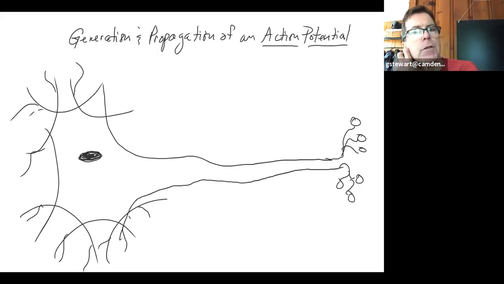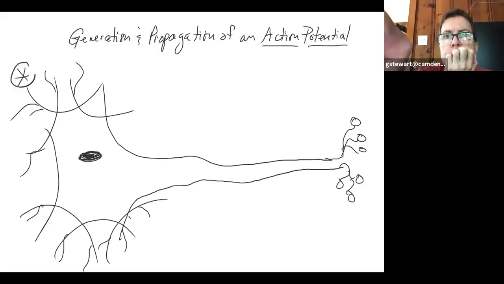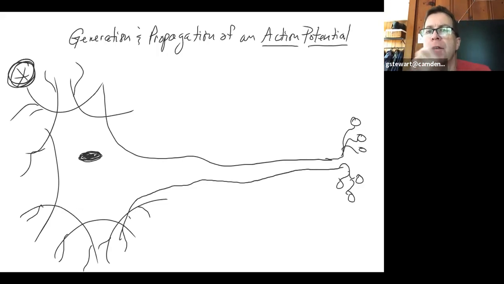All right, so this is the receiving end of the cell down here. When this nerve cell is just sitting there, when it's at rest, it's actually not doing nothing. What it's doing is manufacturing neurotransmitter, chemical.